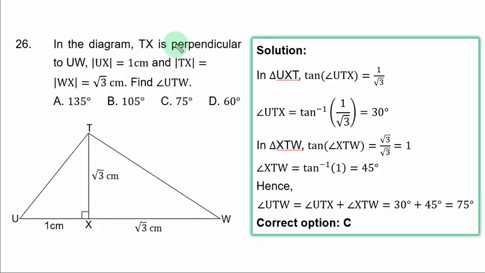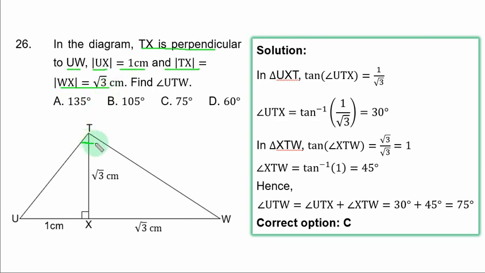Question 26. In the diagram, TS is perpendicular to UW, US is 1 centimeter, and TS equals WS equals 3 centimeters. Find angle UTW.